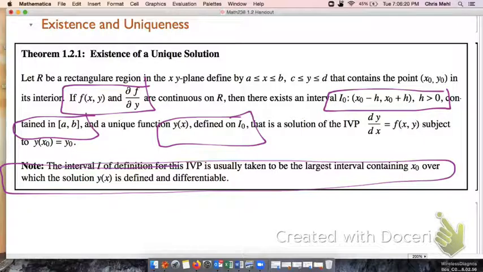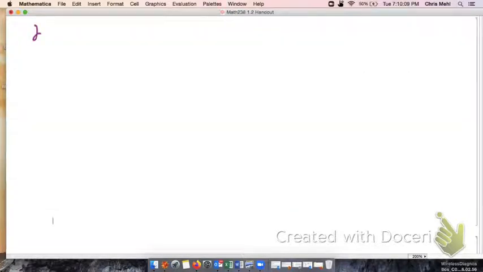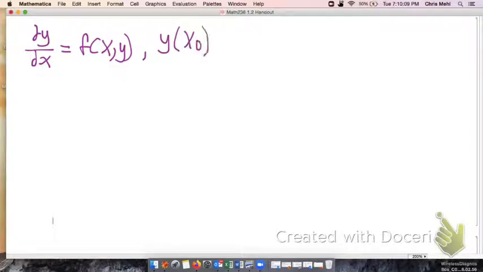So if you want to think of this in terms of a picture, you would have your first order differential equation, dy dx, which could always be written as a function of x and y. And then again, you have some initial condition, y of x naught equals y naught.